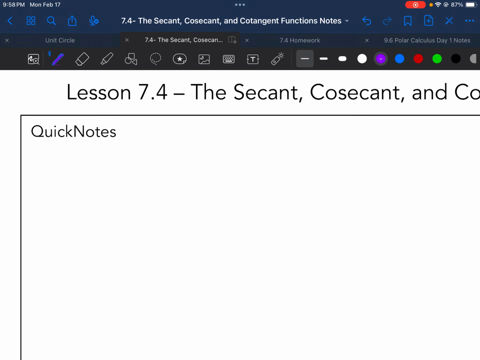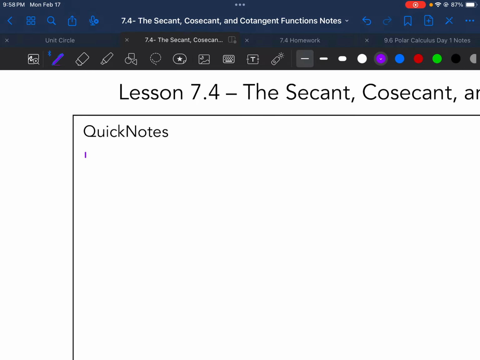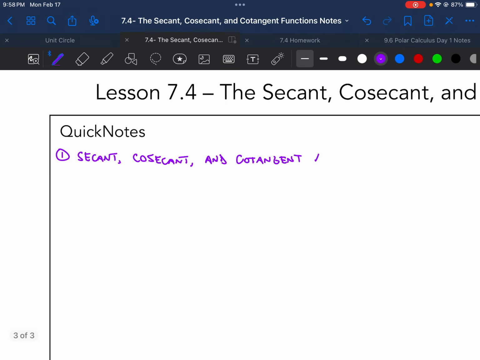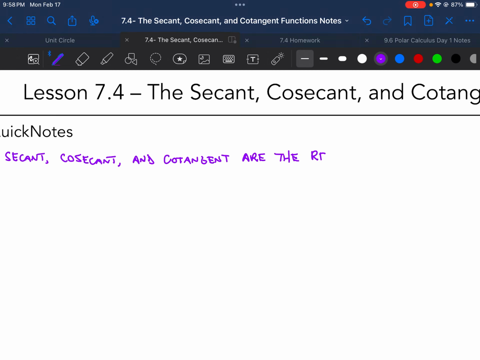Let's go ahead and formalize some of the important stuff here. So, secant, cosecant, and cotangent, they are the reciprocal trig functions.